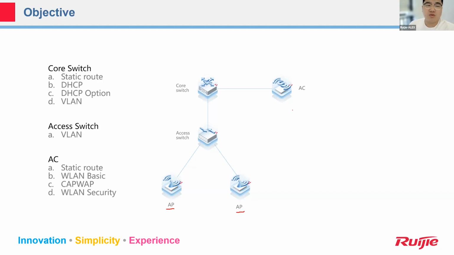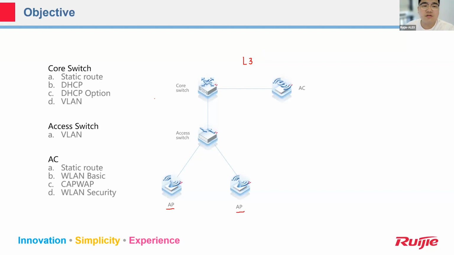And in this network, you can also see some technologies or protocols we are going to use. For example, static route, because this is layer 3 networking. So between the AP and AC, there must be some routes to allow the communication between them, so what we use is the static route. And on the core switch, we should enable the DHCP service.